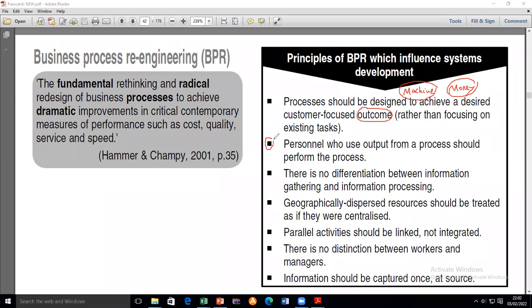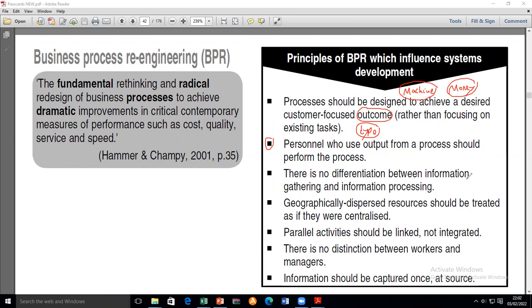Gone are the days when you ask somebody to type something for you. That's what we have seen. You don't need to ask anyone to type. You yourself, who are going to use the output, are the one who gets involved. So the issue of mistakes has been reduced so much. You can correct the mistake yourself as opposed to somebody else doing it for you.